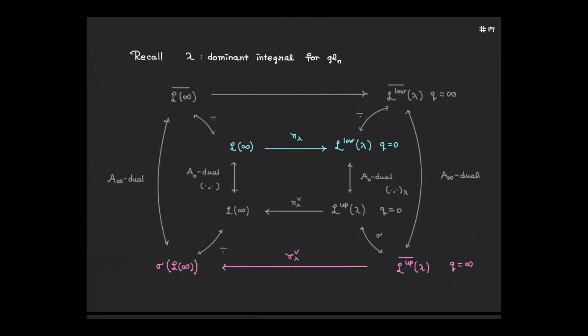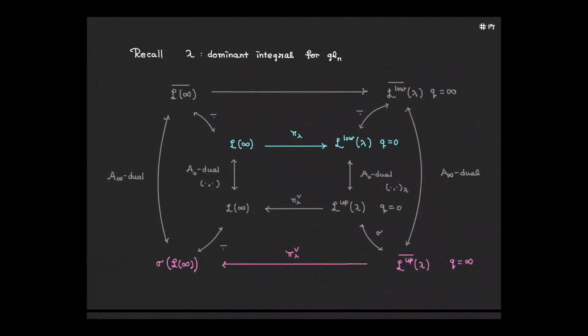So let me summarize our situation in the following diagram. The blue means the lower crystal part, for GLM or GLM0. And the red or pink part corresponds to the GLN part or U0N part. This crystal lattice, which appears in the crystal base of the Kess module, is compatible with the projection map from the L infinity for GLM or UM0.